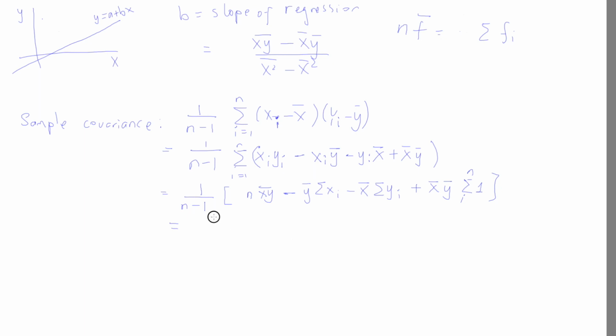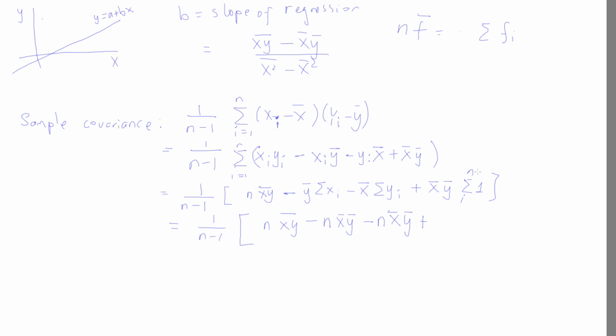I'm going to simplify some more. This stays the same, n xy bar minus, well, what is the sum of xi? Using the same trick, this is just going to be n x bar, so I can write n x bar y bar. Same thing here, the sum of the yi's is going to be n y bar, so again, n x bar y bar.